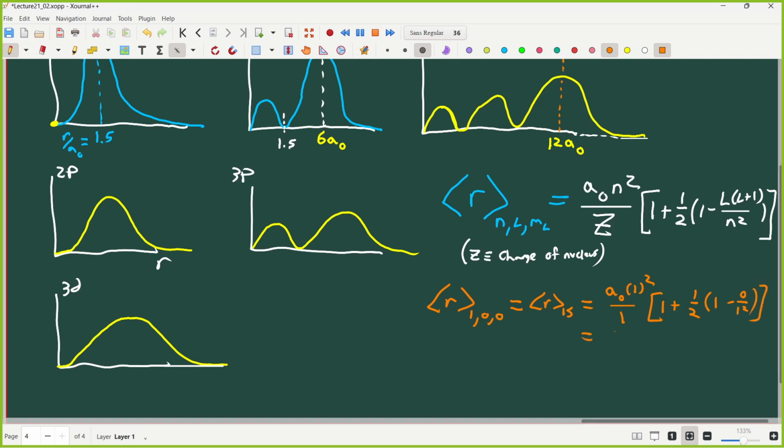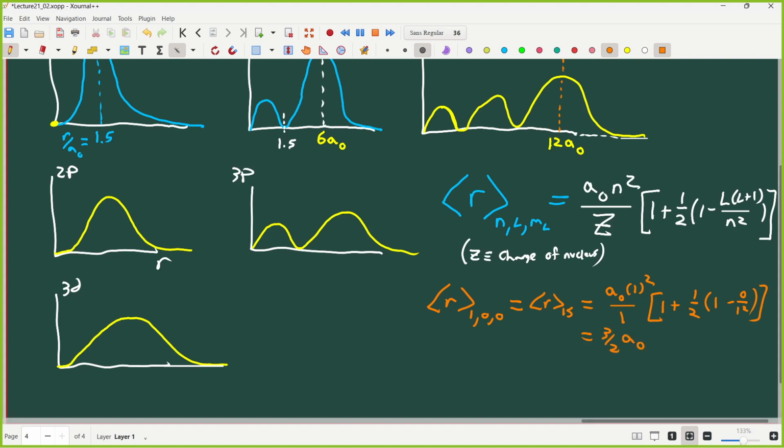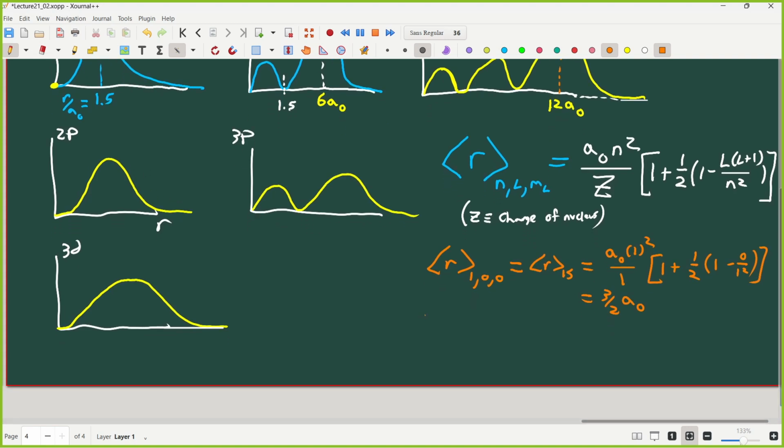And that is 3/2 a naught. Right? Easy enough calculation. And then let's try the 2s, right? I wrote that down earlier, but again, it's not too hard to do. This is going to be 4a naught times 1 plus 1/2 times 0. So that's 4 times 3/2. So that's 6a naught.